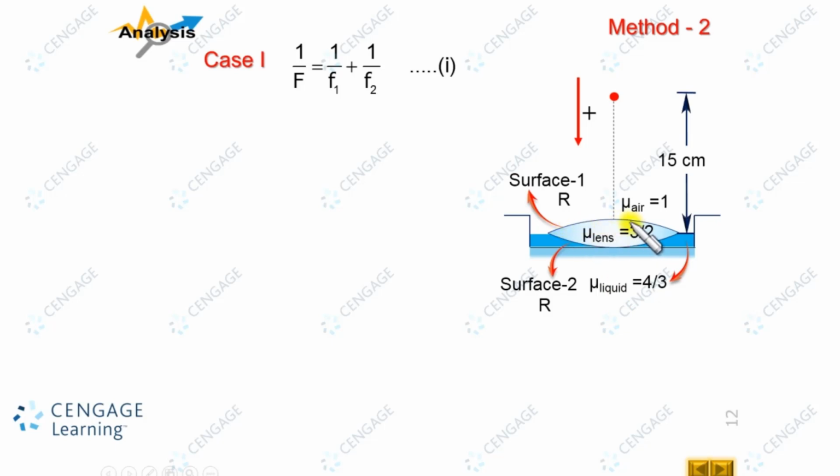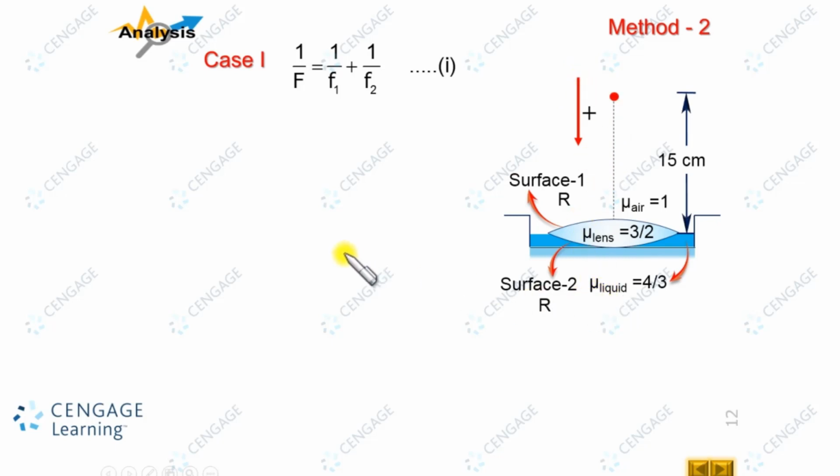So R1 is positive and R2 should be negative for this surface because the center of curvature will be at this point, top of the lens. That is, for measuring we need to move in the opposite direction of the positive. Positive direction is from top to bottom.